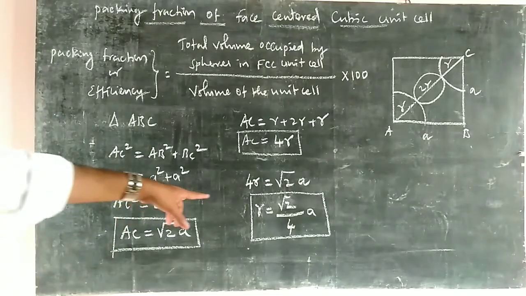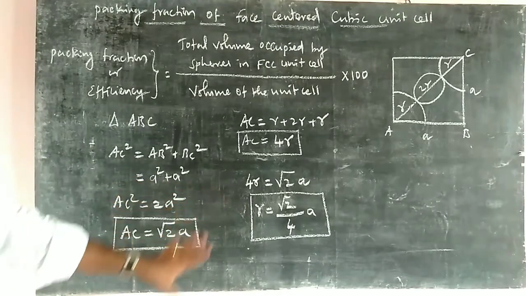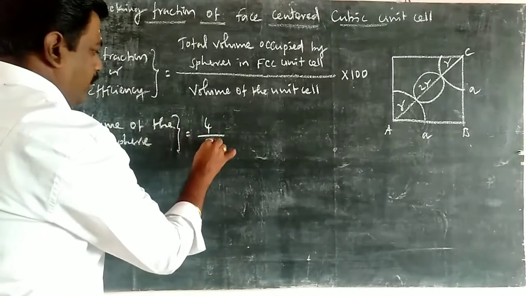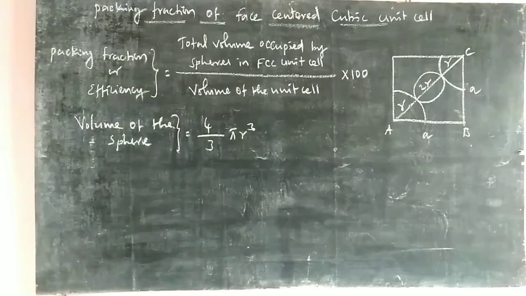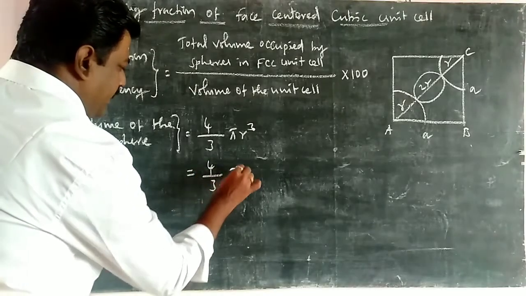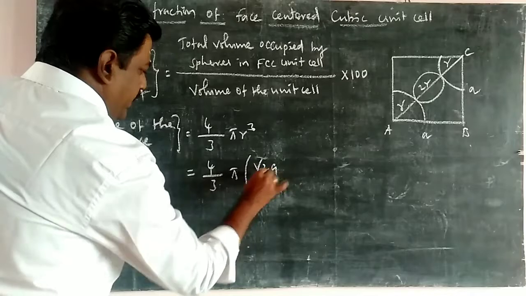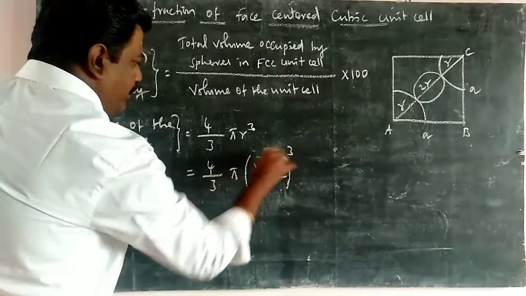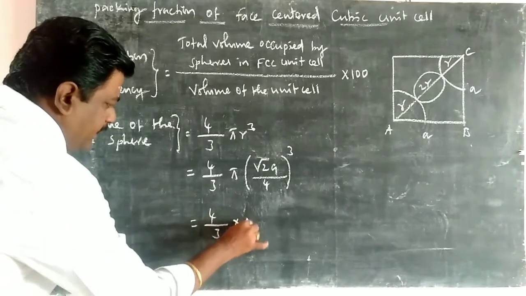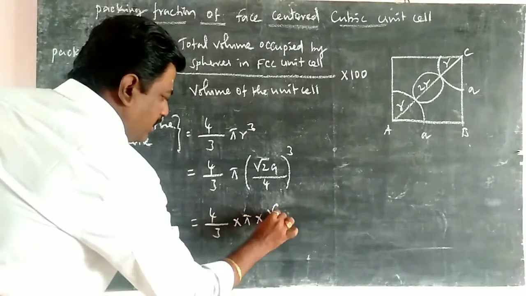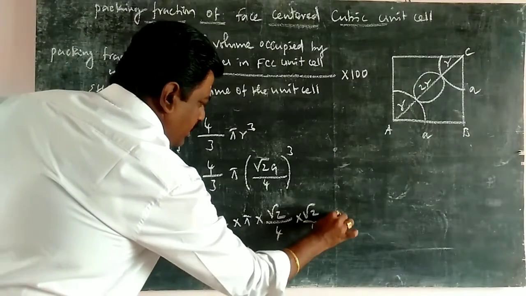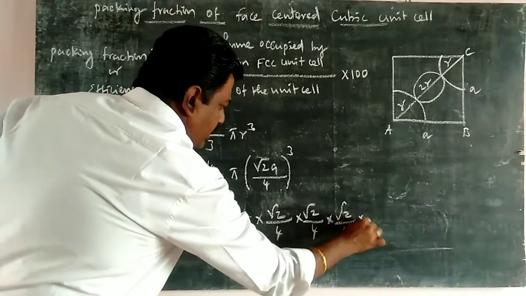From this radius we can calculate the volume of the sphere. We apply the formula 4 by 3 pi r cube. The volume of the sphere is 4 by 3 pi r cube. Substitute the R value here: 4 by 3 pi, root 2 a by 4 whole cube. You simplify this: 4 by 3 into pi into root 2 by 4 into root 2 by 4 into root 2 by 4 into a cube.